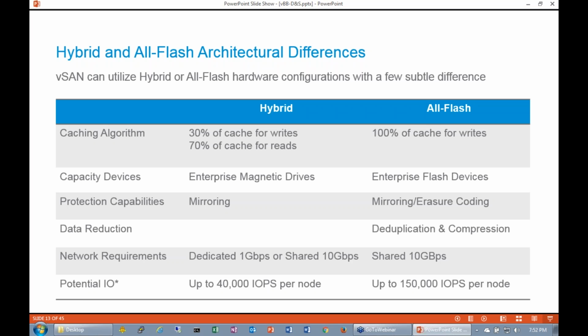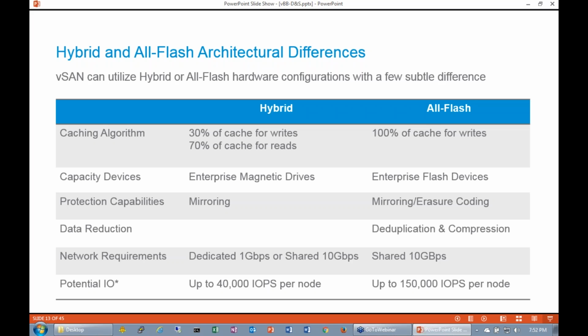Now, data reduction in all-flash advanced and enterprise editions, something that's important to keep in mind is that data reduction in vSAN is on a per disk group level, okay? And I haven't really gone into the construct of a disk group, but a disk group is a cache device and between 1 and 7 capacity devices within a single construct, okay? We do our deduplication and compression within the confines of that disk group.